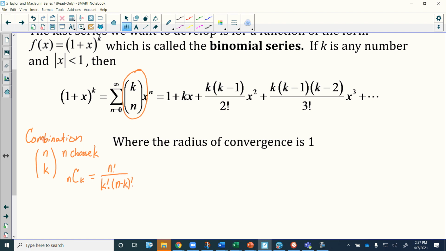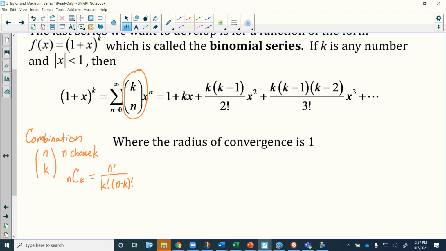That's usually what I think of whenever we're talking about combinatorics, permutations, combinations, things like that.